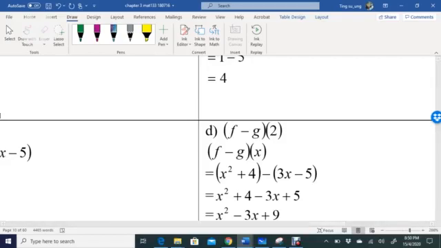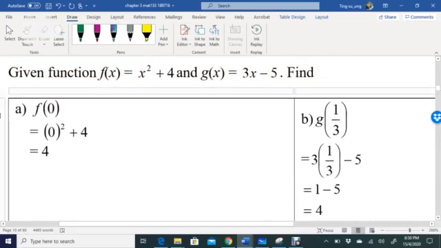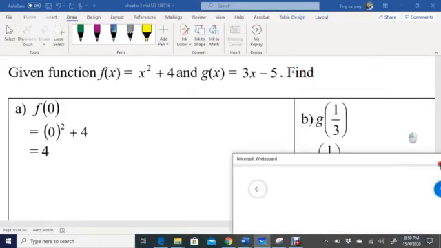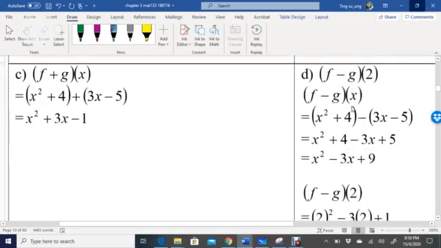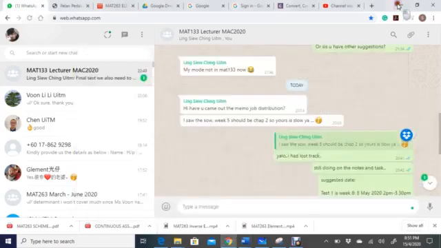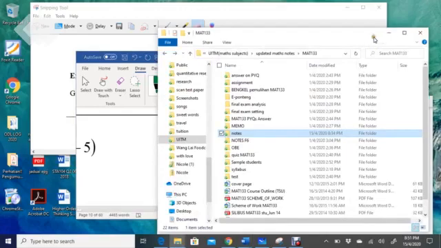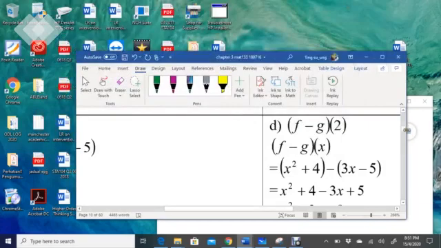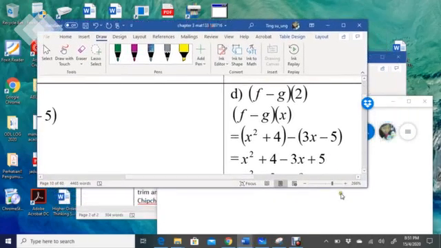For f minus g, this one, let me share with you an easy way. Just now the question is this one.